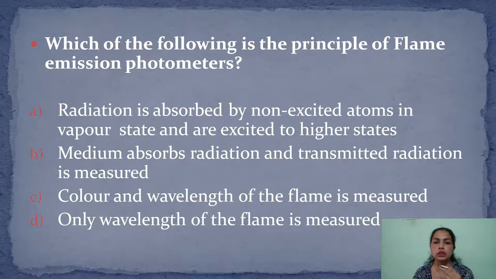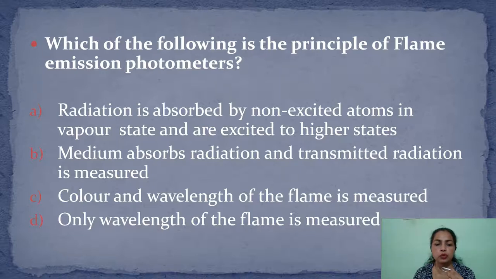So the first question is, which of the following is the principle of flame emission photometers? The first option is radiation is absorbed by non-excited atoms in vapor state and are excited to a higher state. Option number 2 is medium absorbs radiation and transmitted radiation is measured. Option number 3 is color and wavelength of the flame is measured.